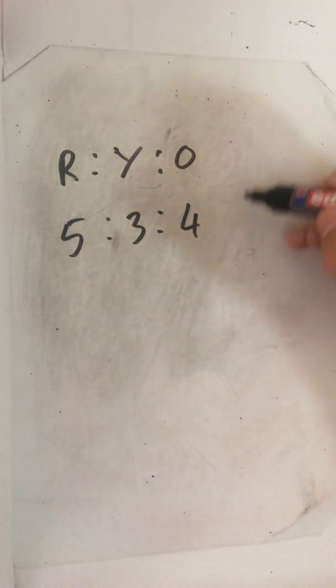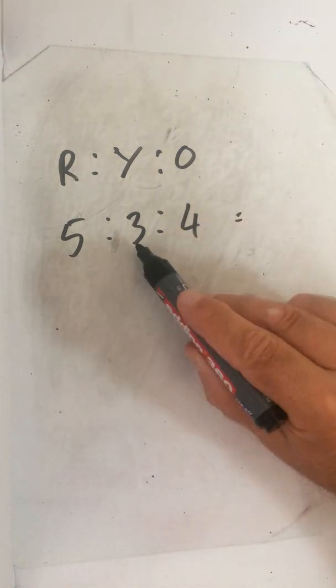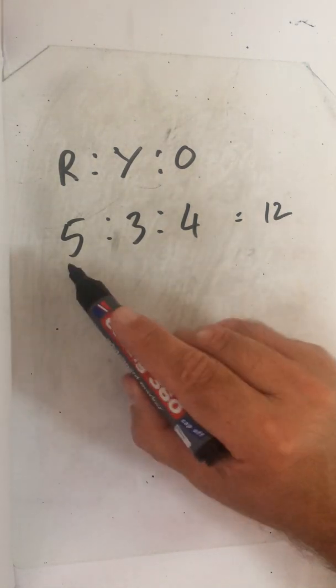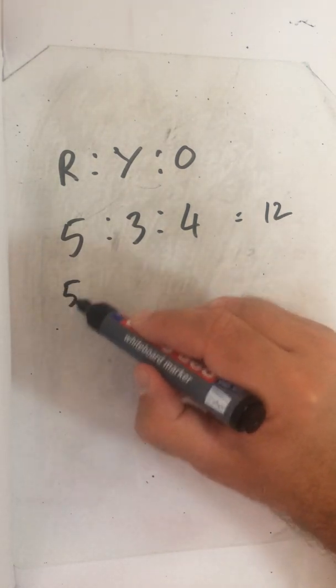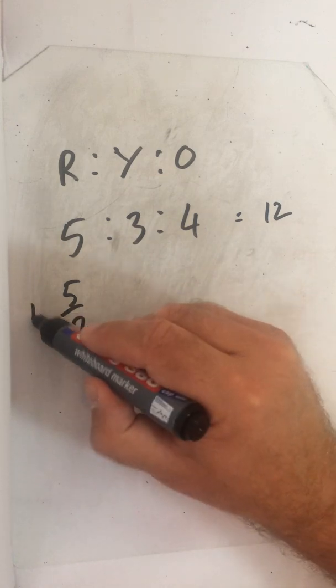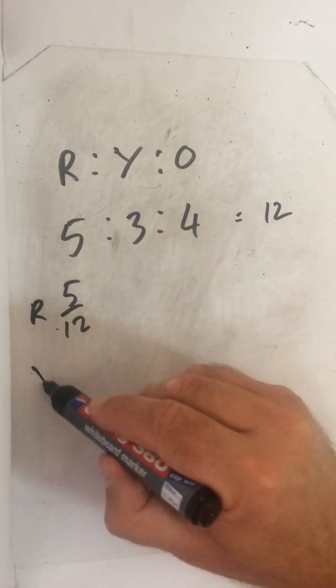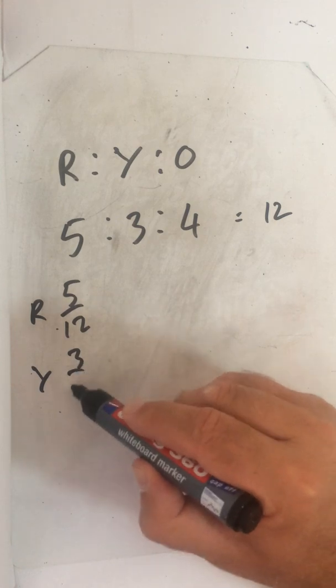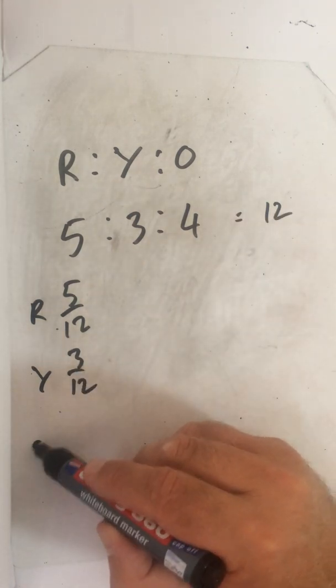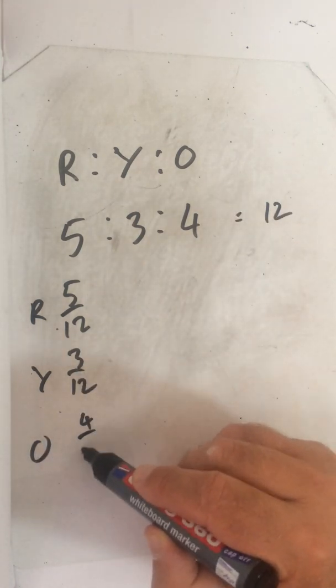Okay, so if we want to put our total, we've got 5, 3, 4, that's 12 there. So that would be 5 out of 12 are red. Yellow, 3 out of 12 are yellow, and orange, 4 out of 12.